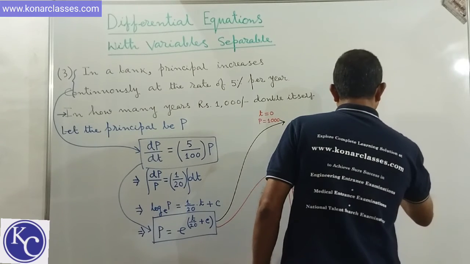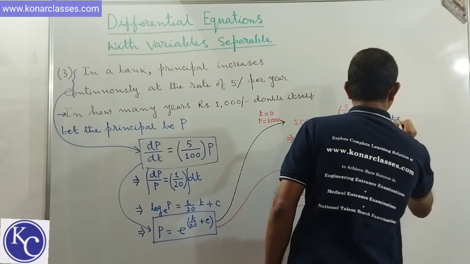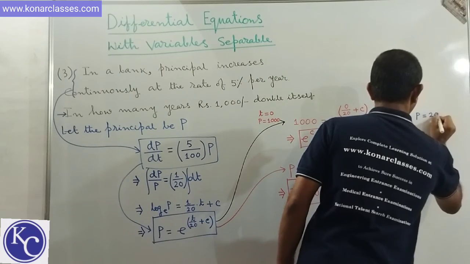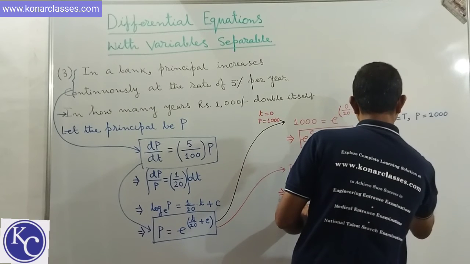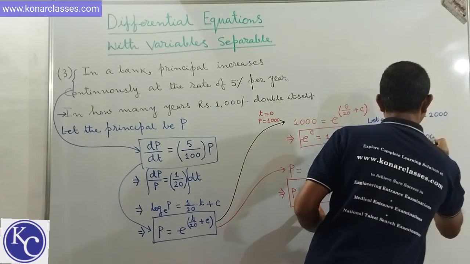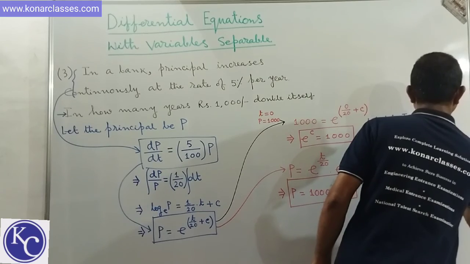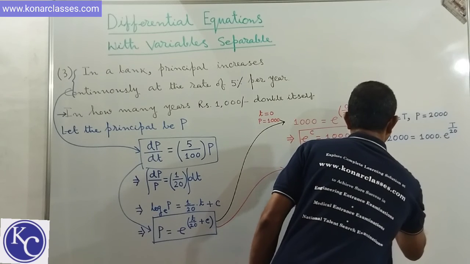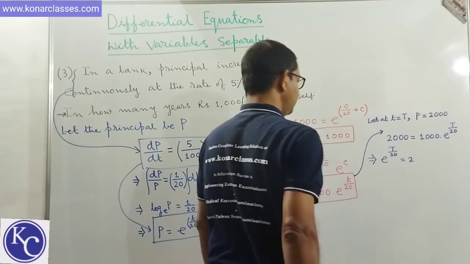So this implies 2000 is equal to 1000 into e power capital T by 20. Correct or not? So from here e power capital T by 20 is equal to 2000 by 1000.